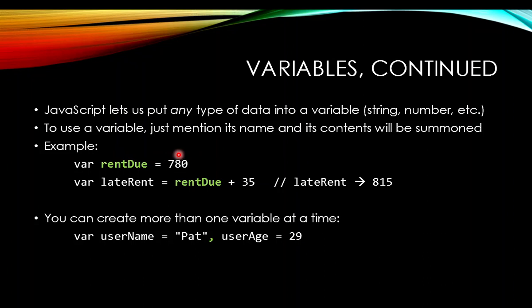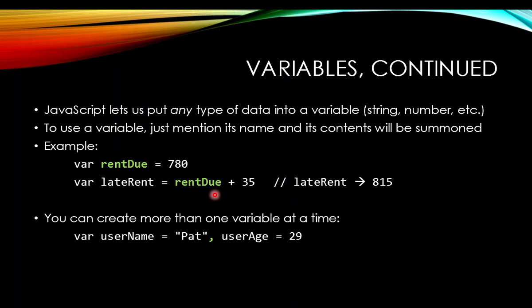Great. So what can we do with that in the future? Well, you can use it anywhere you would be able to use the 780 and it will just work. So for instance, I can create another variable called late rent and assign it the value of rent due plus 35. This is now an expression. When it sees rent due, it knows you mean 780. So it's going to say, oh, you mean 780 plus 35, that's 815.